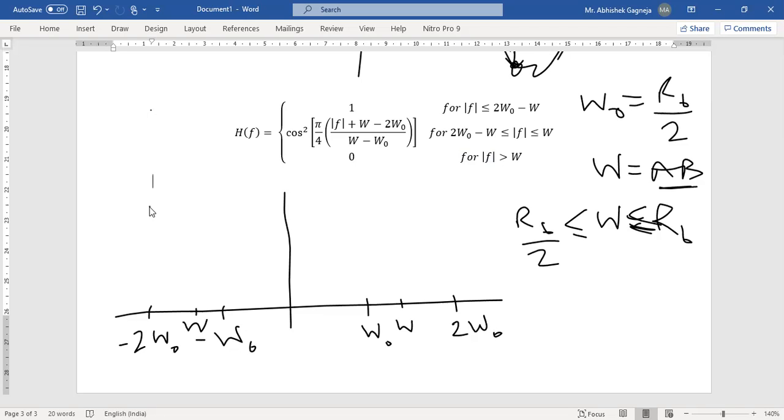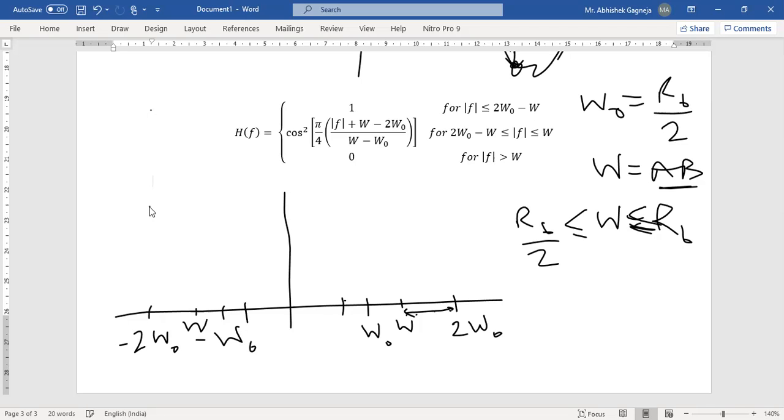Now, what we say over here is that between the frequencies of 2W naught minus W, now the question is, what is that? So 2W naught minus W is something like this, but from 0. So that will be a similar distance like this, but from 0.